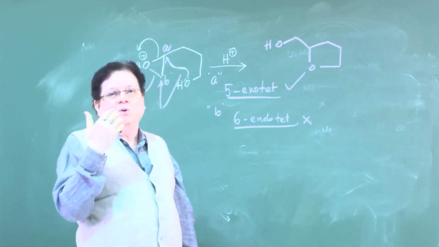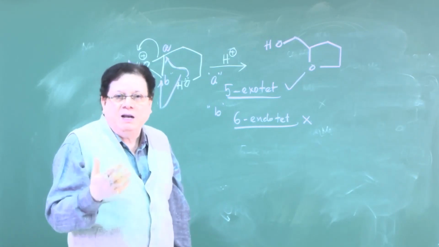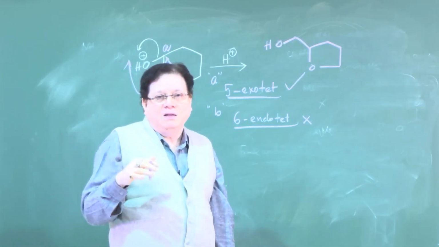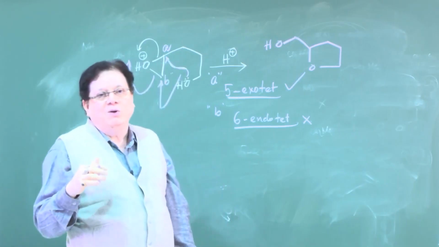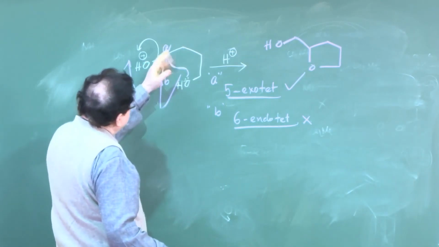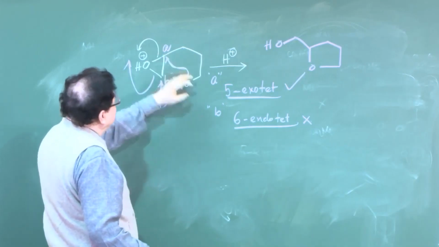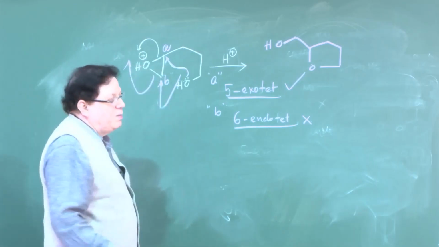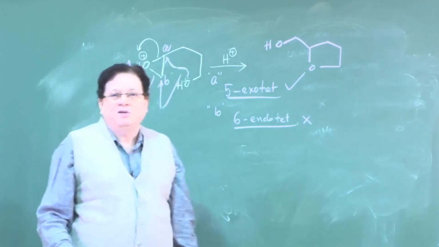Then you go back to the epoxide, or it could be an aziridine ring also, then you define it as exo or endo. The only difference is that when you see it as a double bond, it will be a trig cyclization. As you make an epoxide or an aziridine, that will be a tet cyclization. Okay.